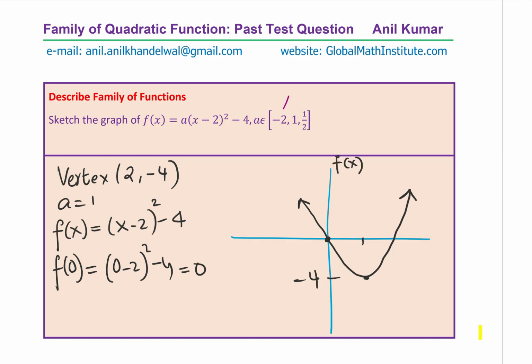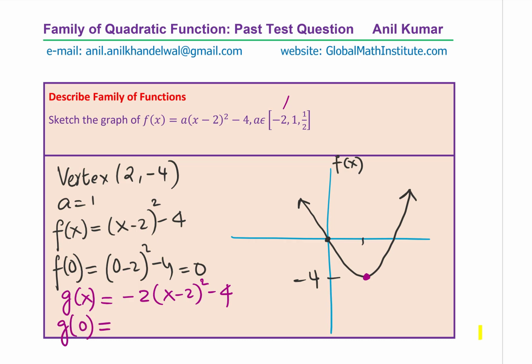Now let us try to sketch the second function, which is g(x). Let a value be −2, so g(x) = −2(x − 2)² − 4. The vertex is the same, so that is a common point. Let's find another point. Let's say what is the y-intercept.